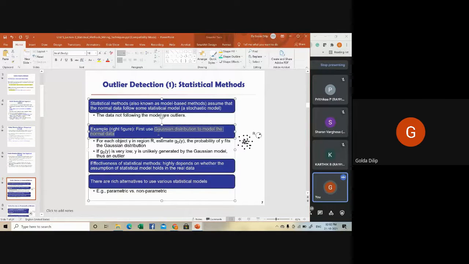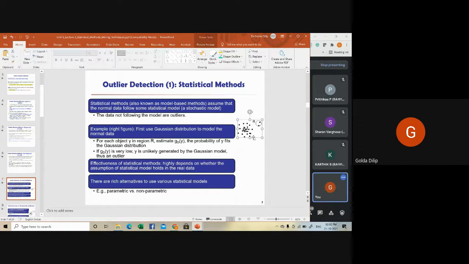You can use the Gaussian distribution to model the normal data, because Gaussian distribution and Gaussian process are very useful in statistical modeling, because it is closely synchronized with your normal distribution. So, detecting outliers using a statistical Gaussian model. You can see here a picture is being given.